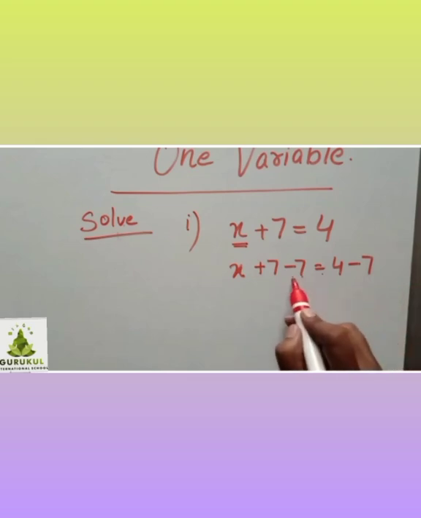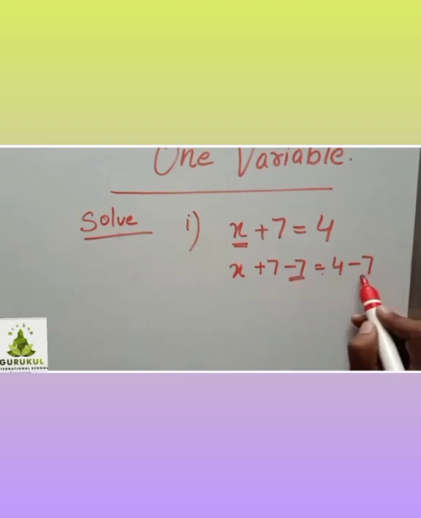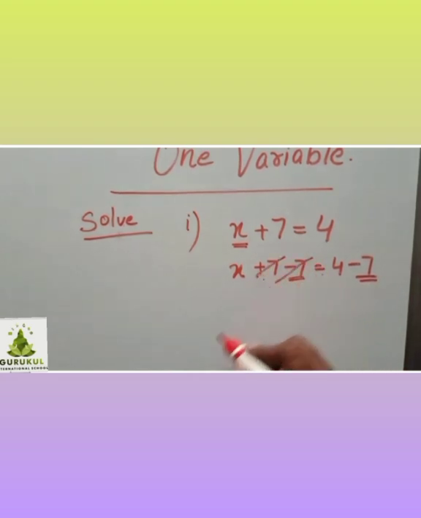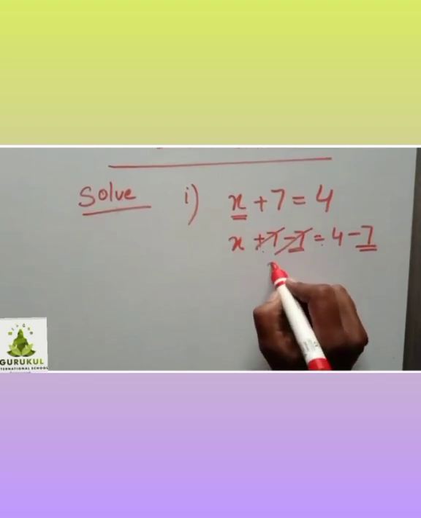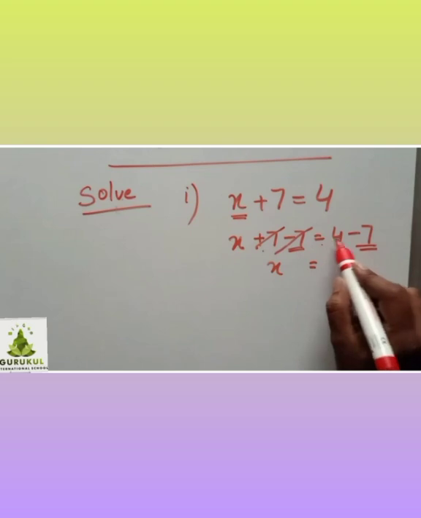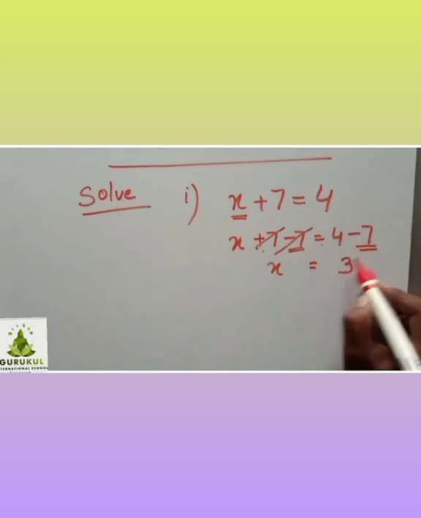Whatever operation I do on the left side should be done on the right side also. This way I used to cancel. Plus 7 minus 7 will get cancelled here. So what is remaining? x is equal to 4 minus 7. Different signs, plus and minus, so subtract. 7 minus 4 is 3, and put the sign of the greater number. I get minus 3. This way we used to solve.